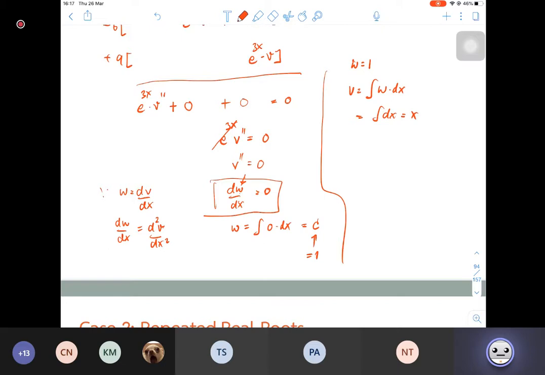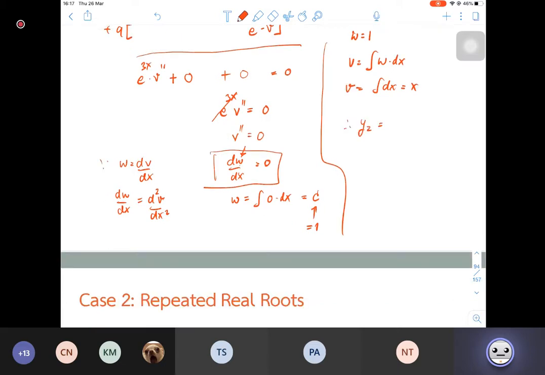In that case, we're going to have y2 equal to, oh, sorry, some constant, right? In this, we're going to have y2 equal to x plus c sub 0 times e to the power of 3x.